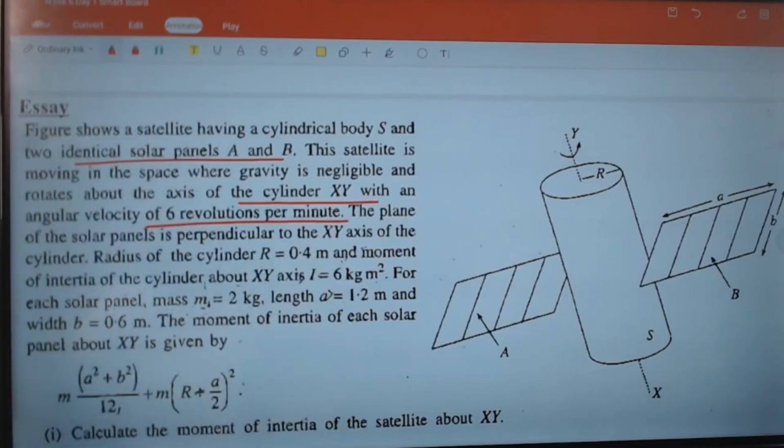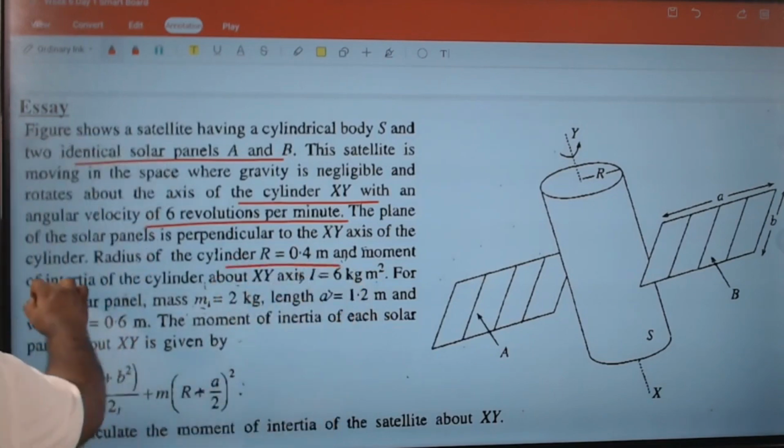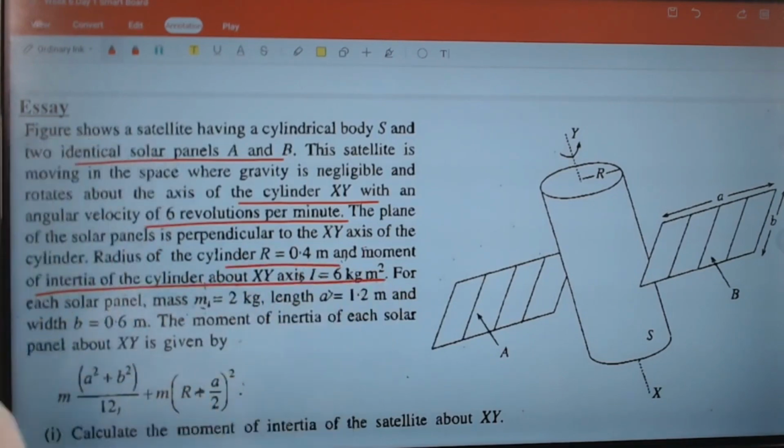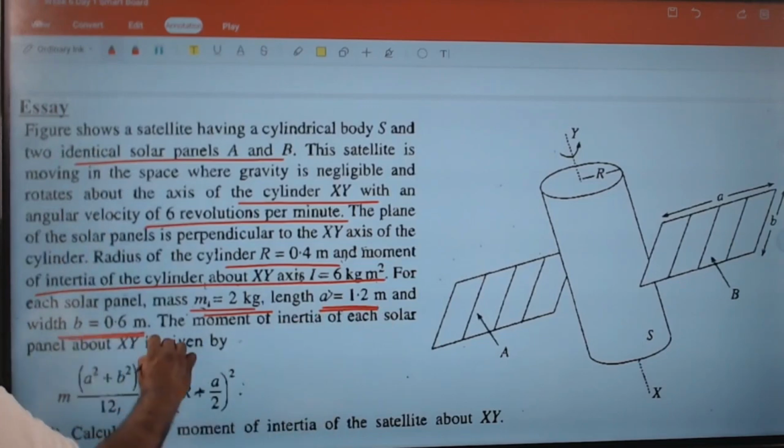Omega 1 is given. The plane of the solar panel is perpendicular to the XY direction. Radius is 0.4, and moment of inertia of the cylinder is 6. For each solar panel, mass is 2, A is 1.2 and B is 0.6.